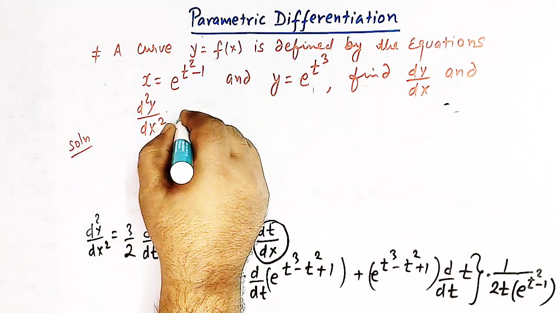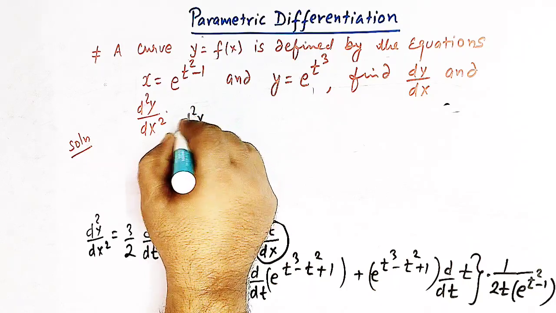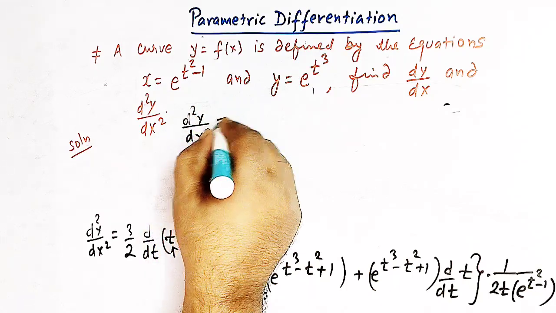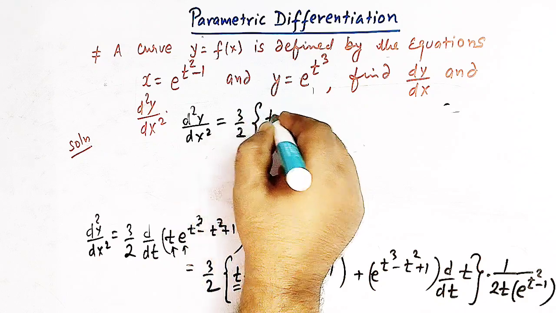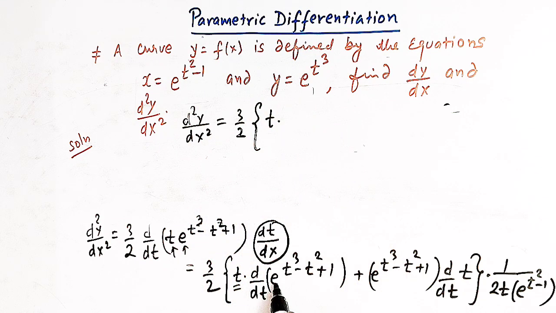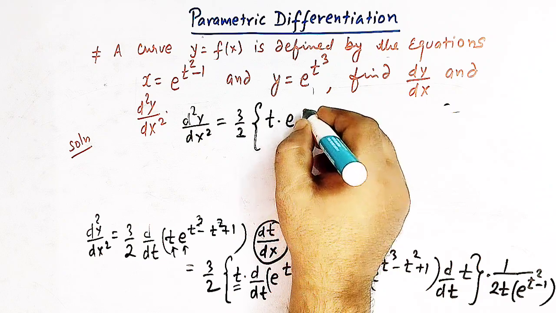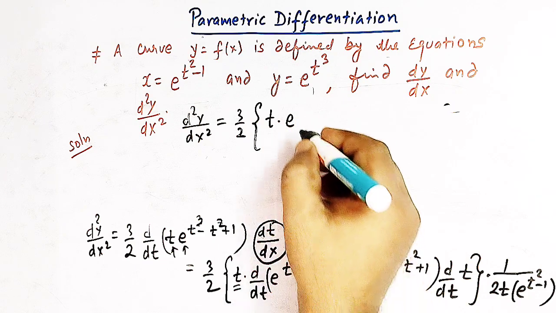So now d2y over dx2 is equal to 3 by 2, and then we have t. The derivative of e raised to t cube minus t square plus 1 with respect to t cube minus t square plus 1 is the exponential function itself.